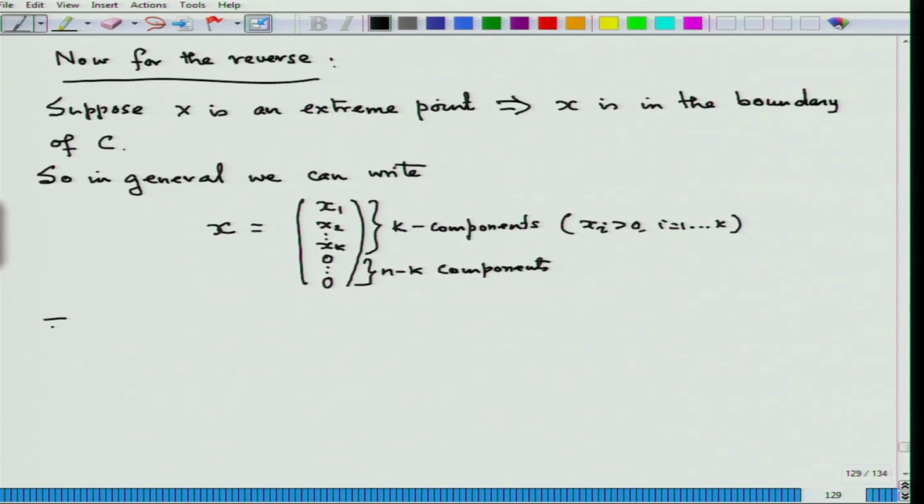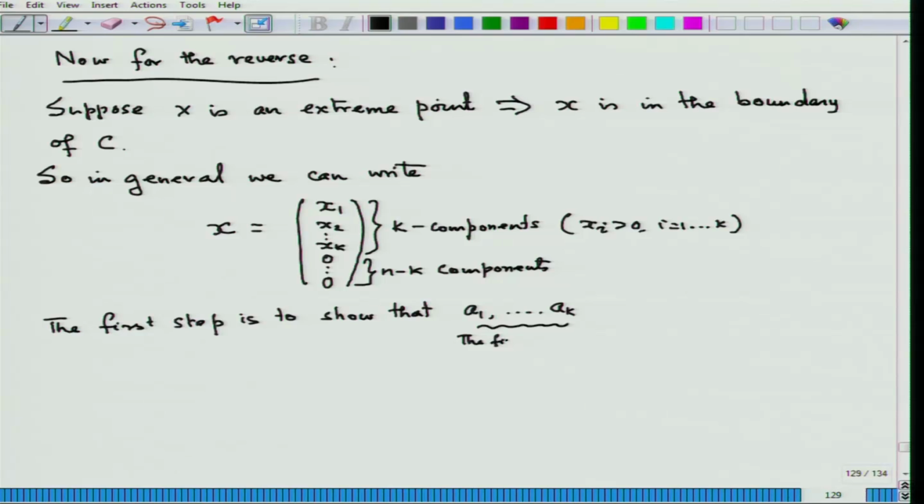So, the first step is to show that the first k columns a1 to ak of A are linearly independent.